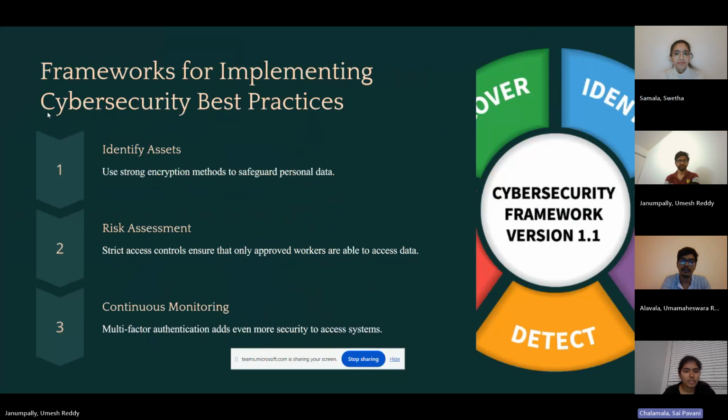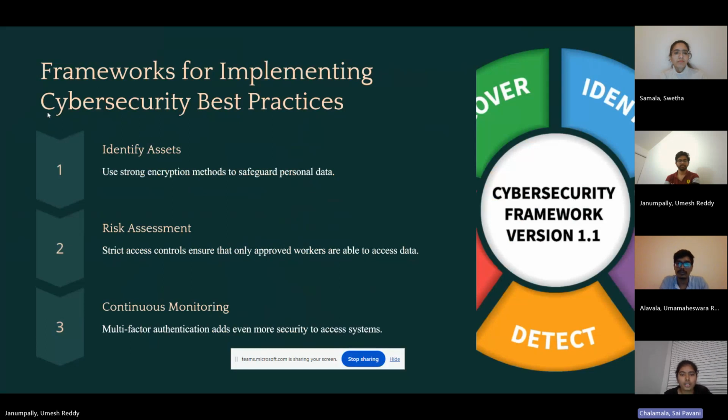Coming to the frameworks in cybersecurity, there are three main topics: identify assets, risk assessment, and continuous monitoring. Coming to identifying assets, one needs to use strong encryption methods to protect personal information from unauthorized users. The term assets in cybersecurity involves safeguarding the valuable resources of an organization from unauthorized access.